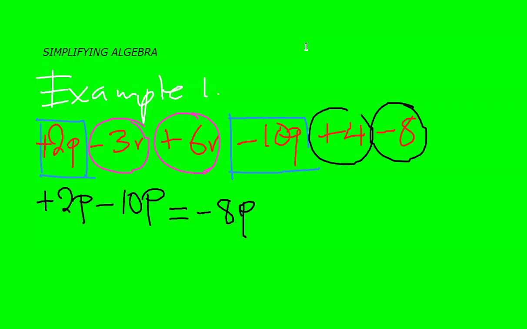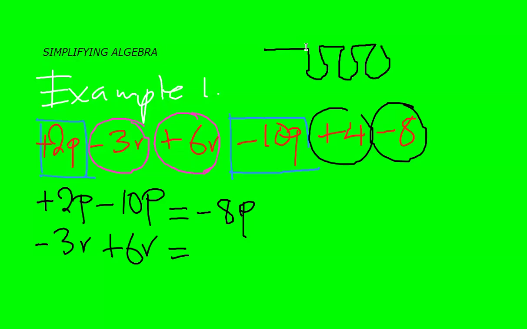Now let's figure out the r's. So we have negative 3r and we have plus 6r. Let's see, what do we get? In this case, the piles are more, because remember we are using the piles and holes. 1, 2, 3 holes. And then how many piles? We have 1, 2, 3, 4, 5, 6.